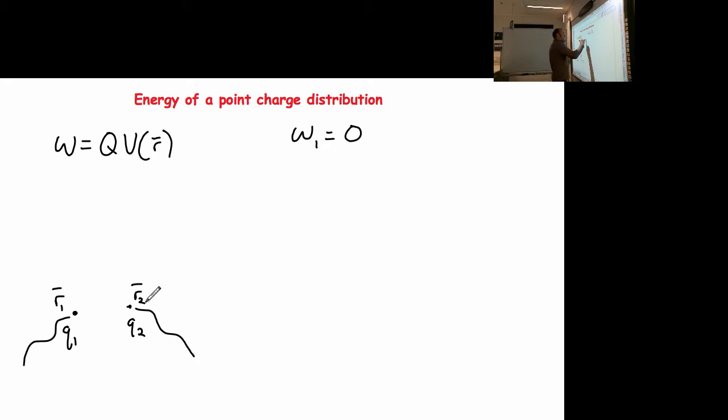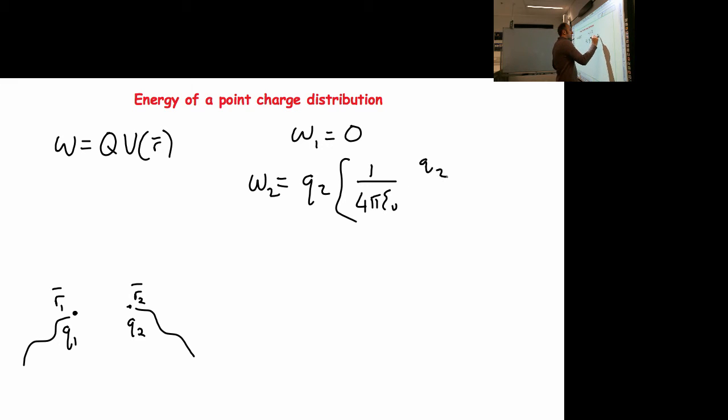And we can write the work that will be done on 2 as the charge Q2 multiplied by the potential of Q1, which is given by 1 over 4 pi epsilon naught by Q1 over the distance between the two charges, which here we're going to call the distance R12 minus R prime 12, which again relates to the source 1, 2.